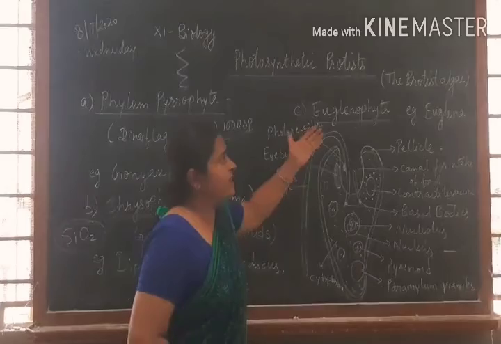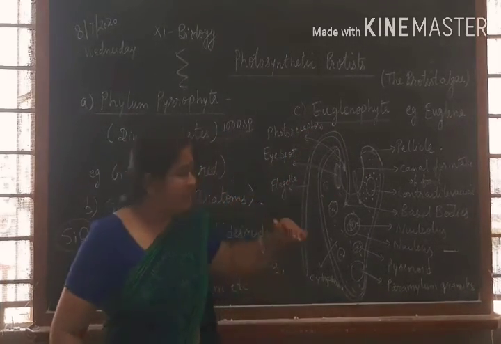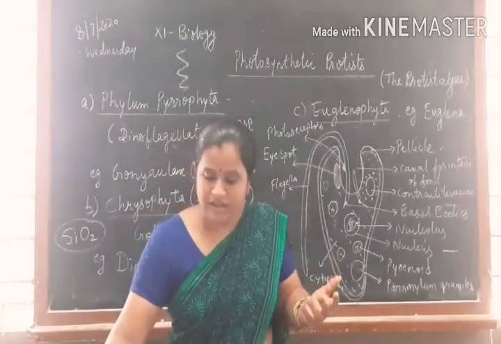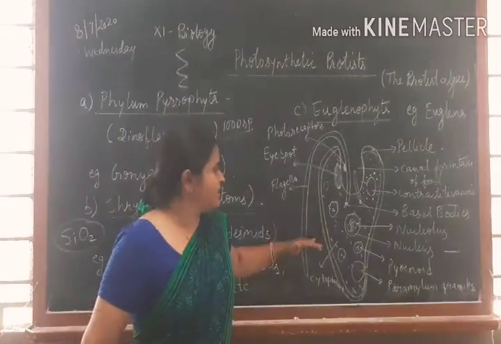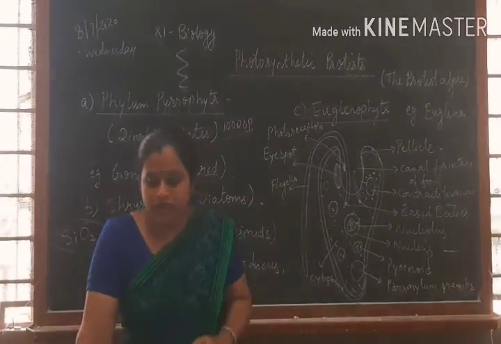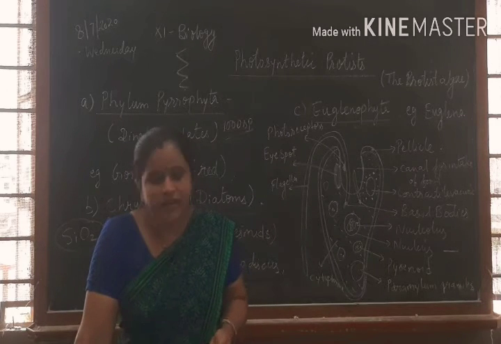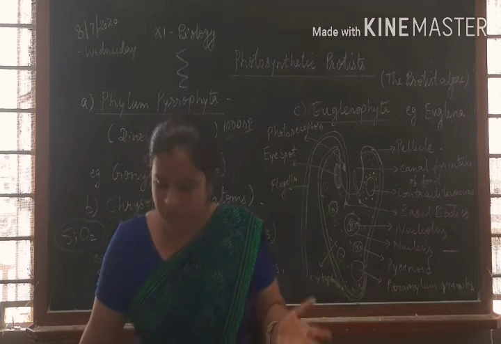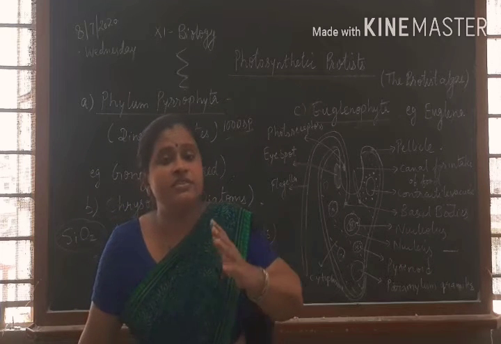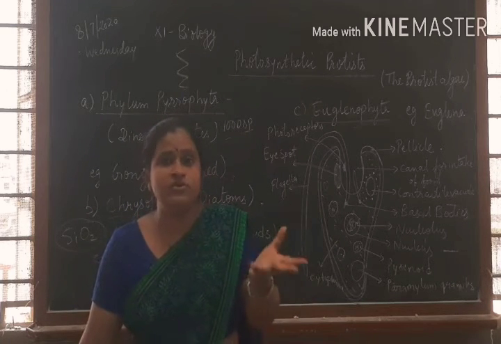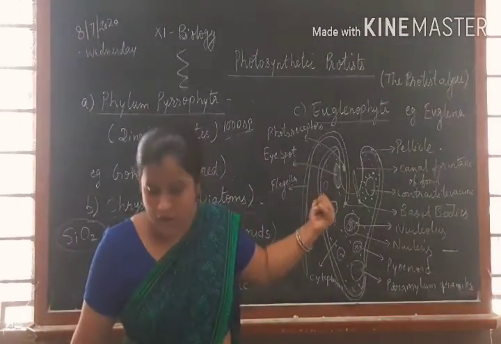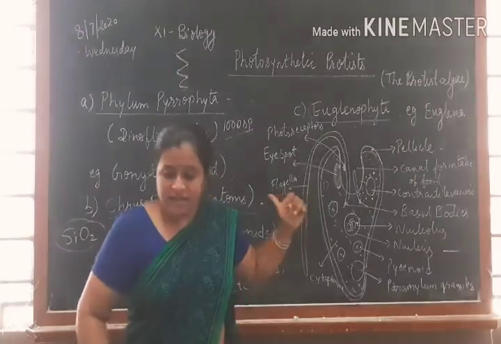Euglenophyta includes Euglena, and I have drawn the Euglena structure here, and you are all very familiar with it. Now look students, in this diagram also, Euglenophyta members are found in fresh water and stagnant water. They have characteristics of plants and animals both. Some characters are of plants and some of animals.